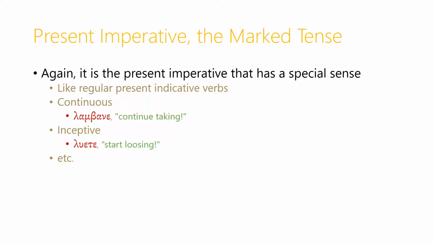So everything we learned about the present aspect when we were learning about the present tense transfers to present imperatives here. And we just have to remember that it's the present tense with imperatives and infinitives that has a special idea, not the aorist. The aorist is the plain vanilla tense outside the indicative mood.